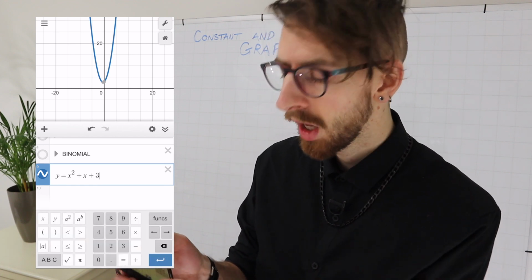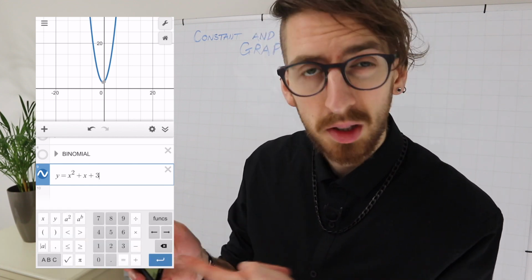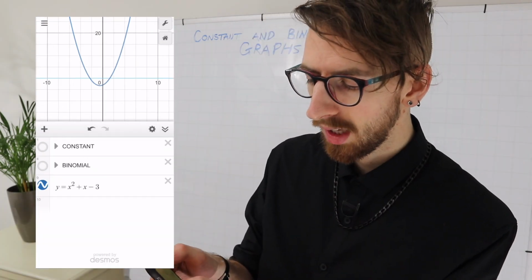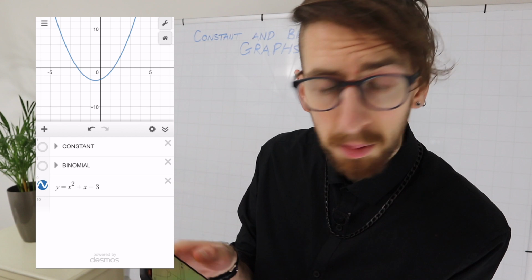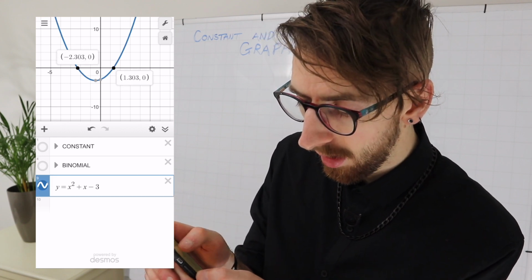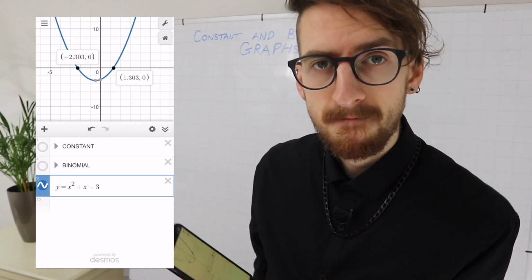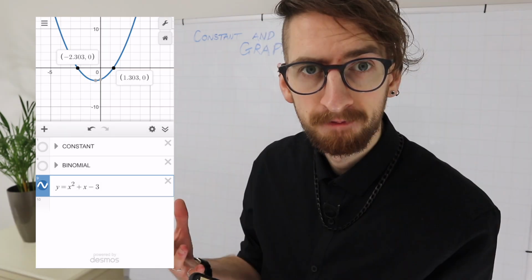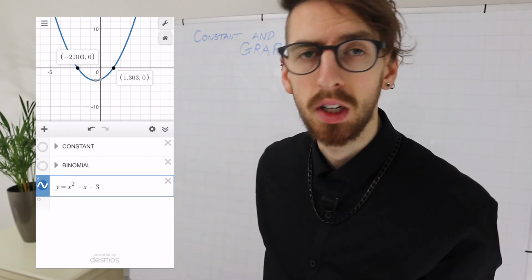And to solve it, what we're essentially doing is asking when this quadratic equals 0. So if this was minus 3, what you'll see here is that at some point there and there, this quadratic goes through y equals 0. And that's what we'll be looking at next time.